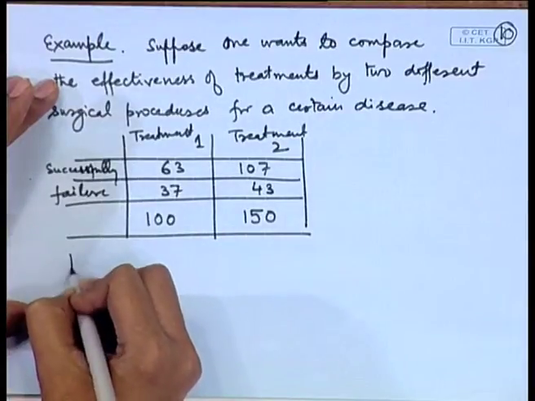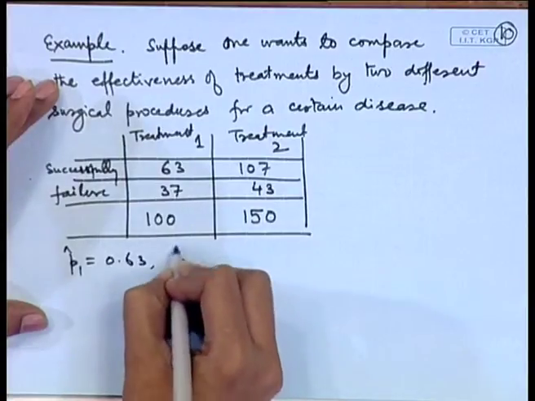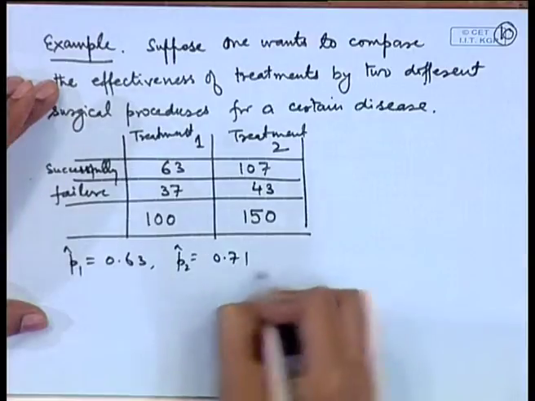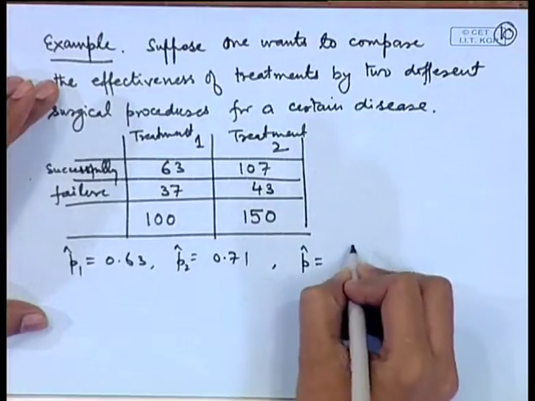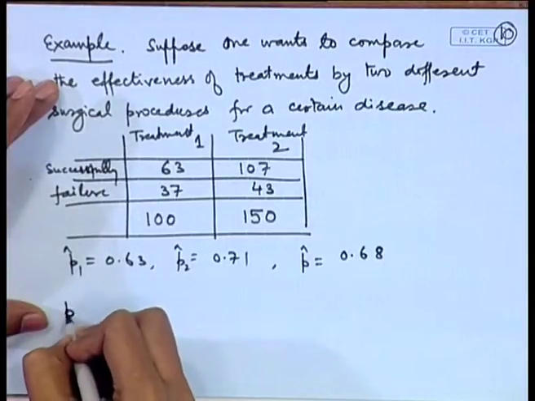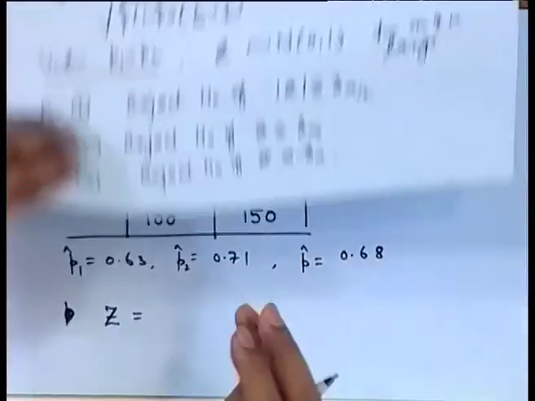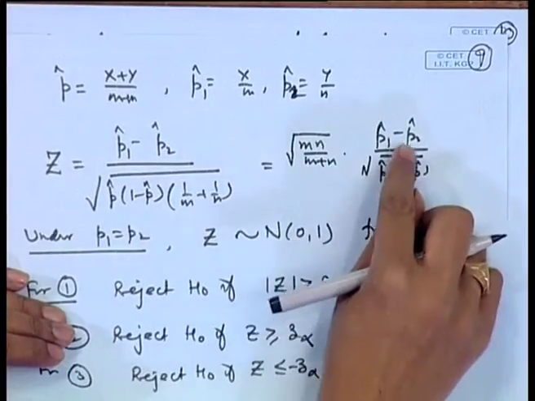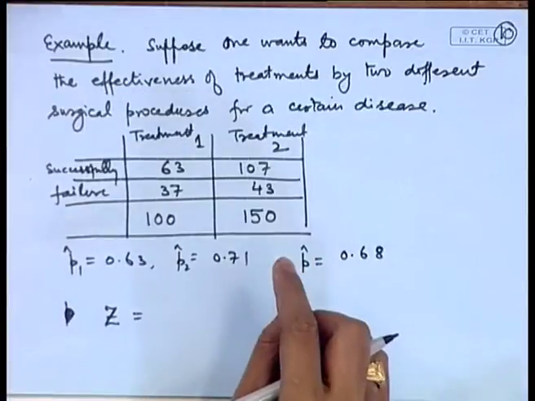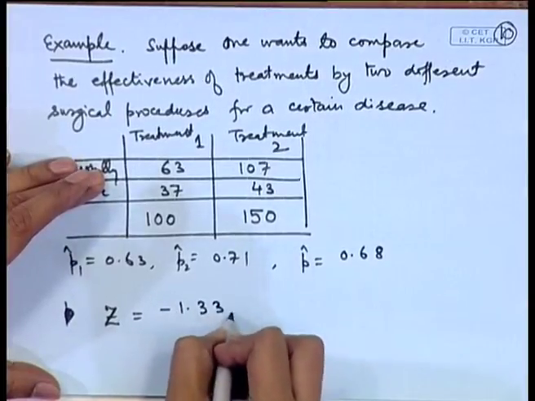Let us look at the proportions here. p1 hat is 0.63, p2 hat is equal to 0.71 and p hat is equal to 0.68. So, if we calculate the Z statistic here, that is p1 hat minus p2 hat divided by root of p hat into (1 minus p hat) into root of mn by (m plus n), this value turns out to be minus 1.33.